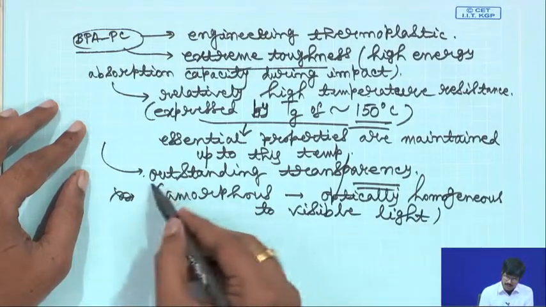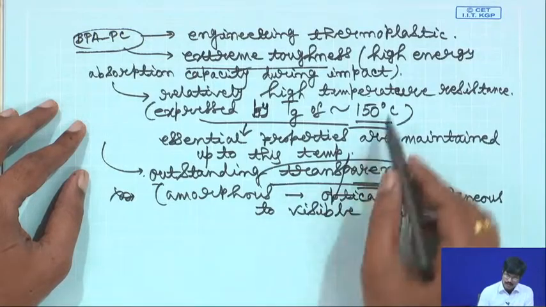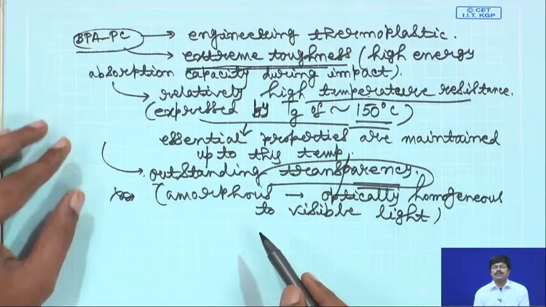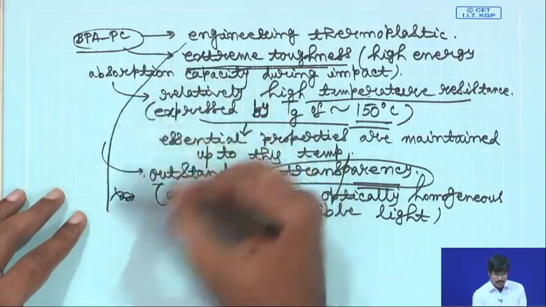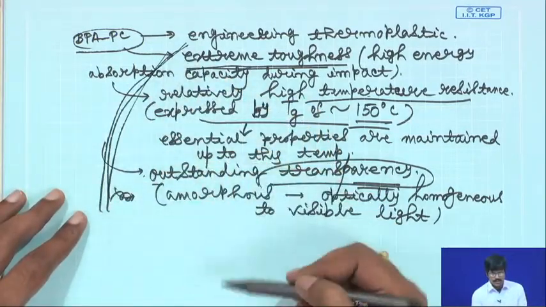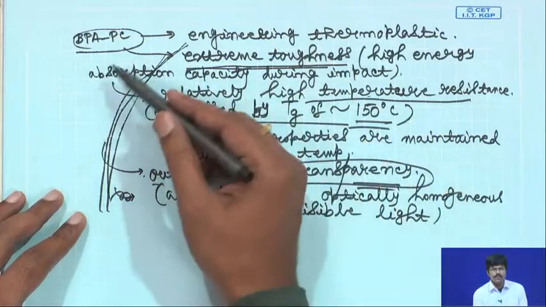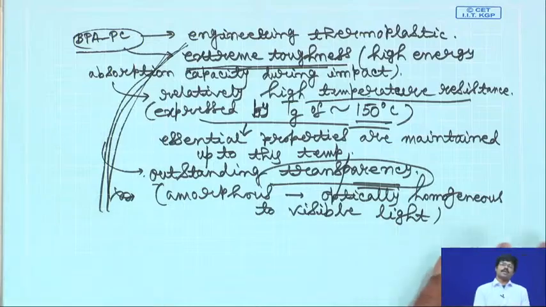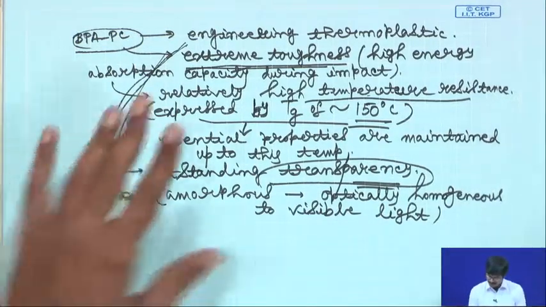So, these properties, very good transparency, high temperature resistance, and extreme impact strength, are very important properties that signify your polycarbonates. Some of these properties may be compromised when you go to an aliphatic backbone, which is a big disadvantage for the epoxide route towards polycarbonates.